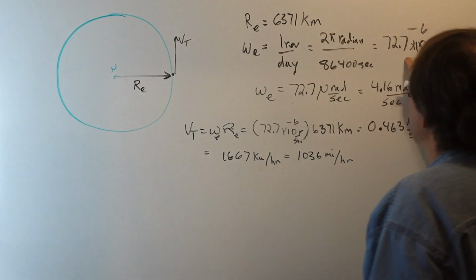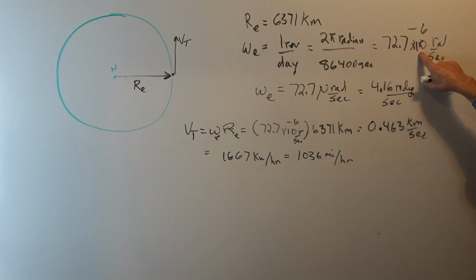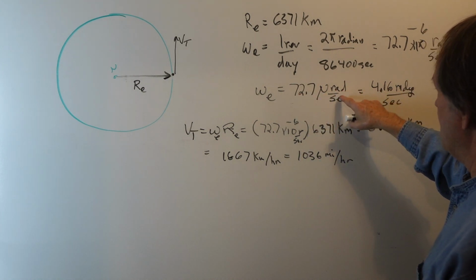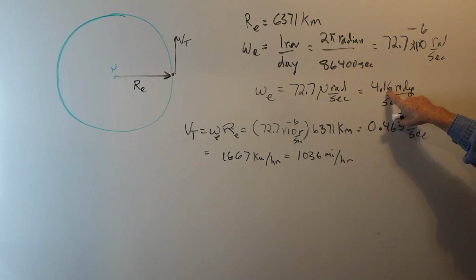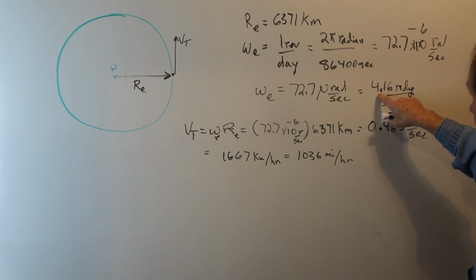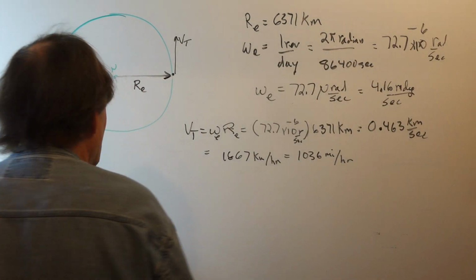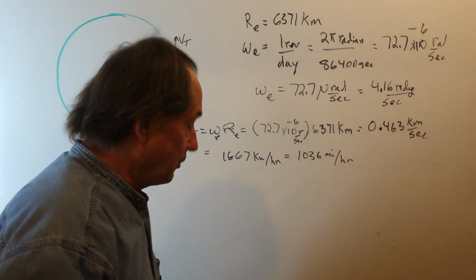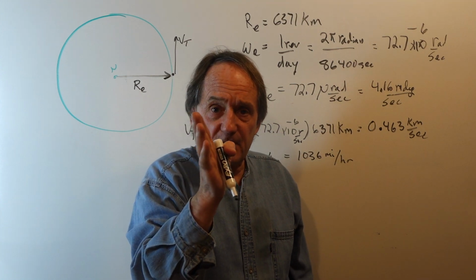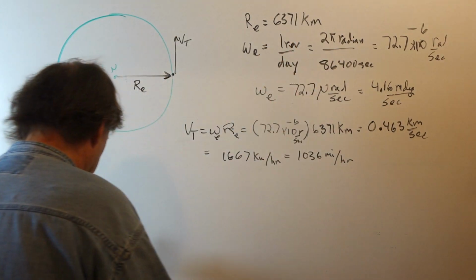So this works out to 2 pi divided by 86,400, which is 72.7 times 10 to the minus 6 radians per second, or 72.7 microradians per second. Remember, there's pi radians in 180 degrees. You use that conversion, you get 4.16 millidegrees per second, and that works out to 15 arc seconds per second. So anyone sitting at the equator moves about 15 arc seconds per second, or 1 revolution per day.